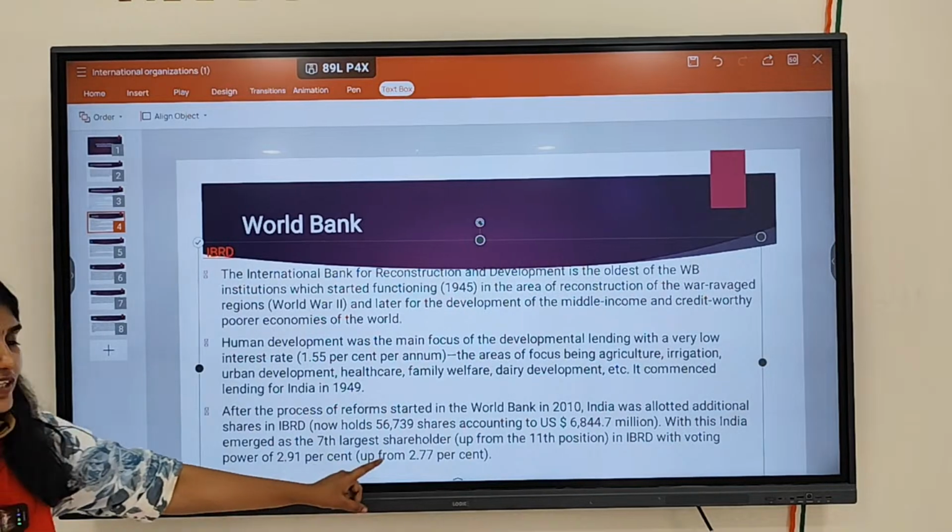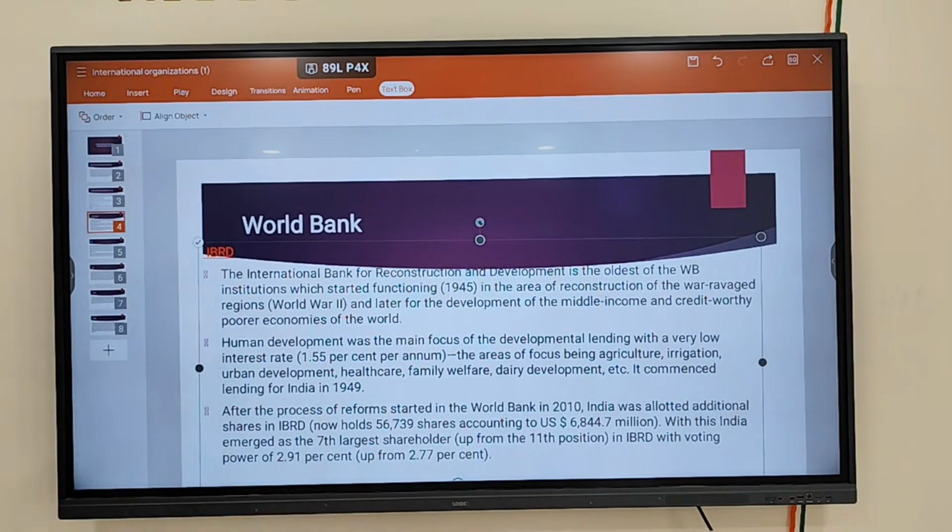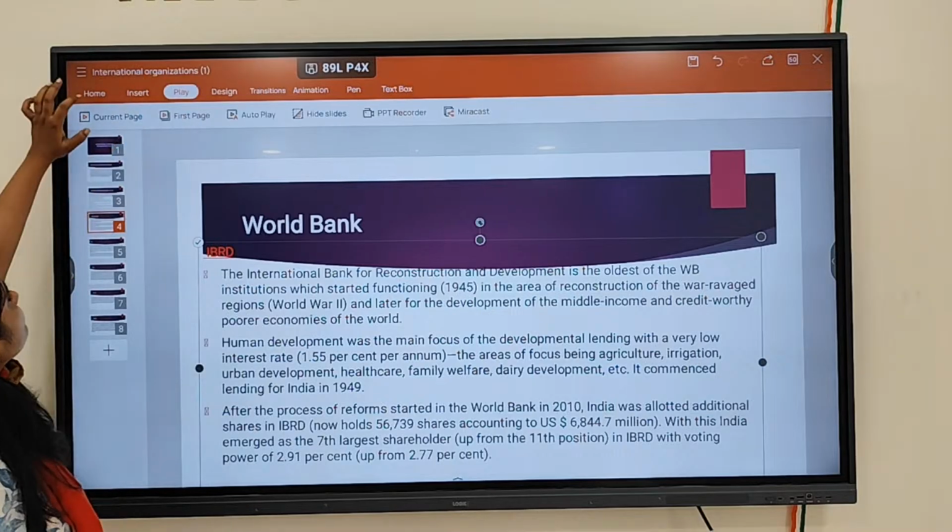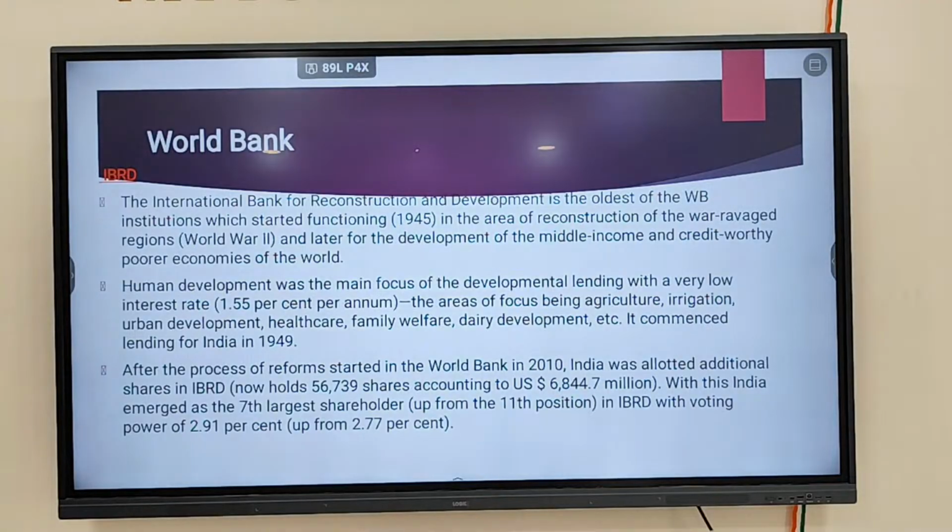Initially it was 2.77. Presently we are having 2.91% of voting rights. Is there any doubts in this?